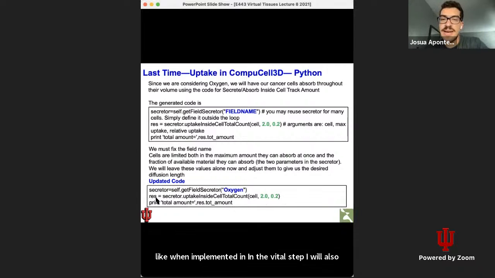Also keep in mind that when the uptake function returns an object, it has many attributes. If you want to refer to the amount that was uptaken by the cell, you need to reference the specific attribute, tod underscore amount, and that gives you the number.